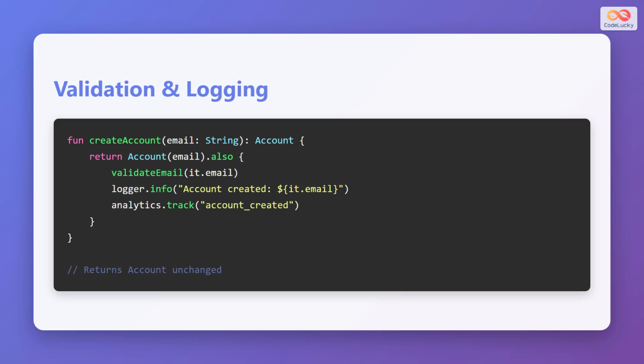And third, we track an analytics event. Notice that all 3 of these are side effects. They perform actions, but don't modify the account object itself. After all these side effects execute, the function returns the original, unchanged account object. This pattern is extremely common in production code, where you need to perform multiple auxiliary operations during object creation.